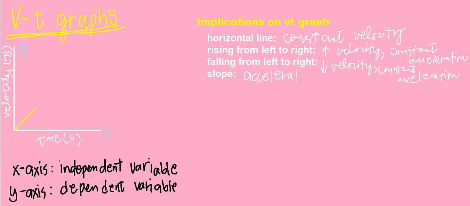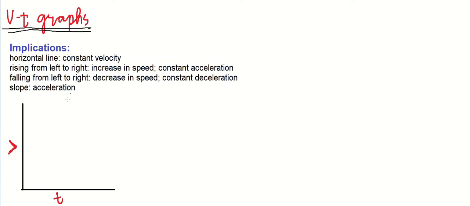We'll look into this by assigning values already on the graph. So, talaga bang pag horizontal line siya, it means that we have a constant velocity? Talaga bang pag rising from left to right siya, nag-i-increase yung velocity niya, and therefore there is a constant acceleration, and so on and so forth. Okay, so we have again here the VT graph.